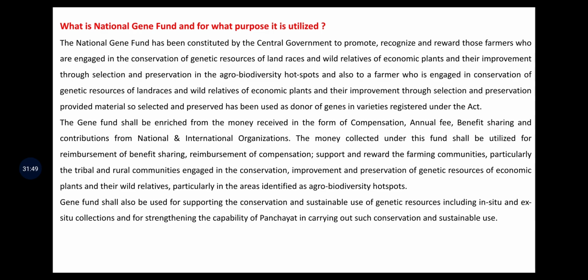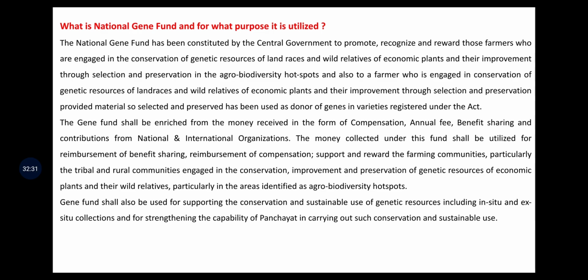National Gene Fund has been constituted by the central government to promote, recognize, and reward those farmers who are engaged in conserving the genetic resources of land races and wild relatives of economic plants and their improvement through selection and preservation in the agro-biodiversity hotspots, provided material so selected and preserved has been used as donor of the genes in varieties registered under the Act.